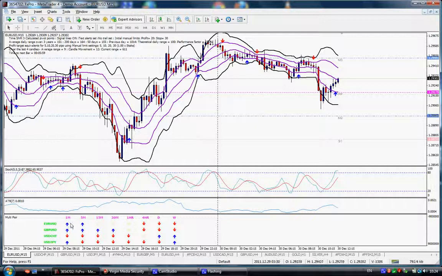I don't know where I downloaded it from, but I'm sure you can find it, which shows you the trend across various time frames for various currencies. We're looking at the euro here, so you can see that it's up on the 1 and 5 minutes. It's nowhere on the mid ones, and it's down on the longer term time charts.